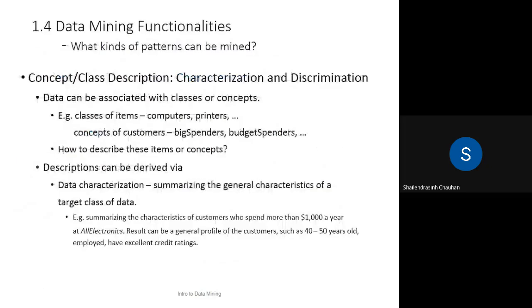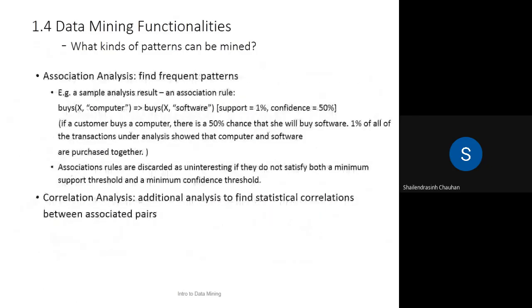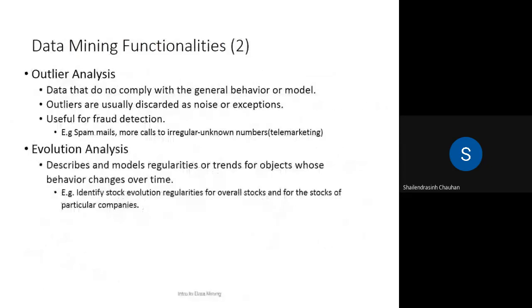And we have seen which kind of data mining functionalities are there: class comparison, class or concept description, characterization and discrimination, mining frequent patterns, association, correlations, classification, outlier analysis, cluster analysis, keyword analysis.